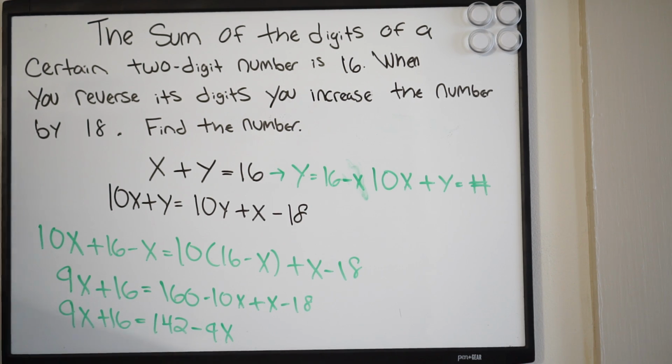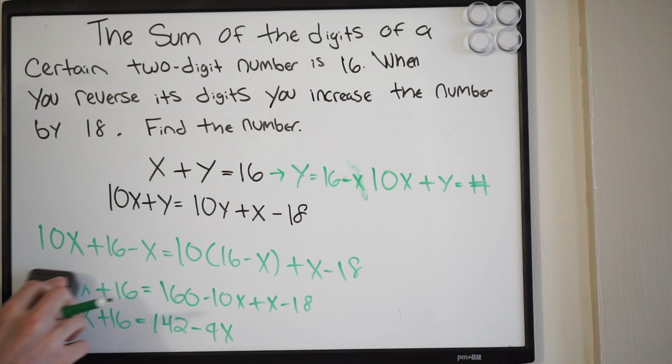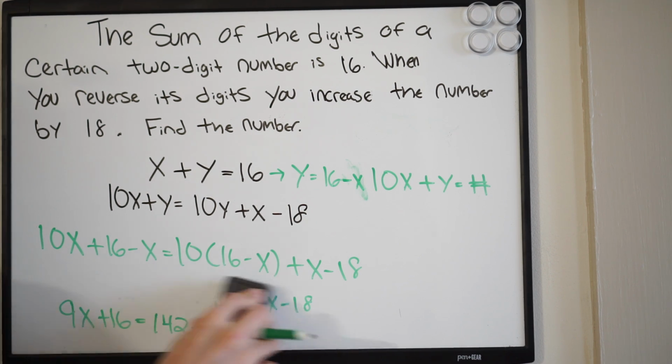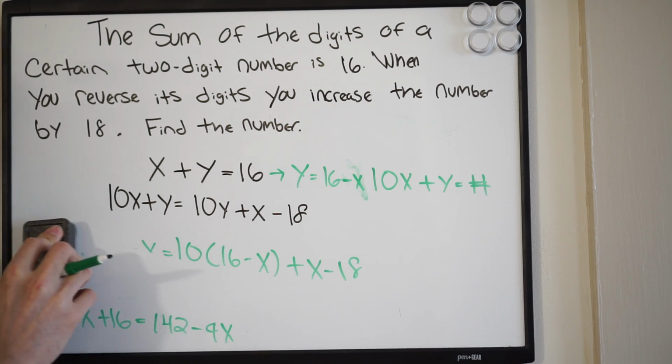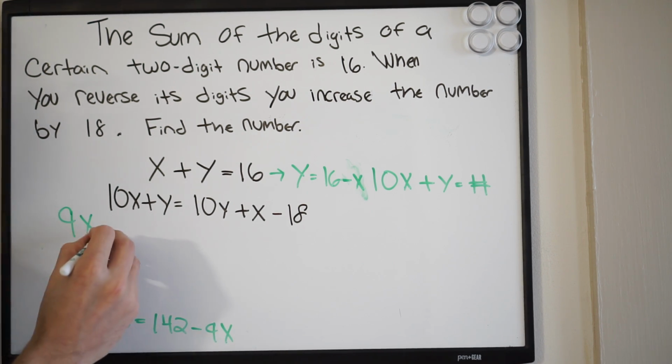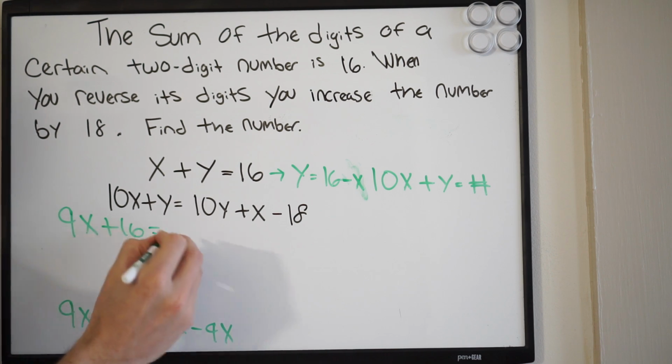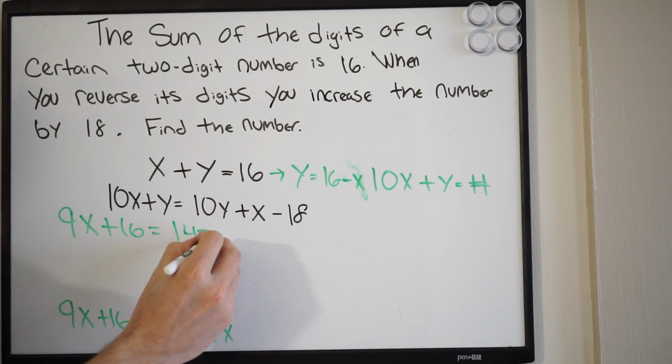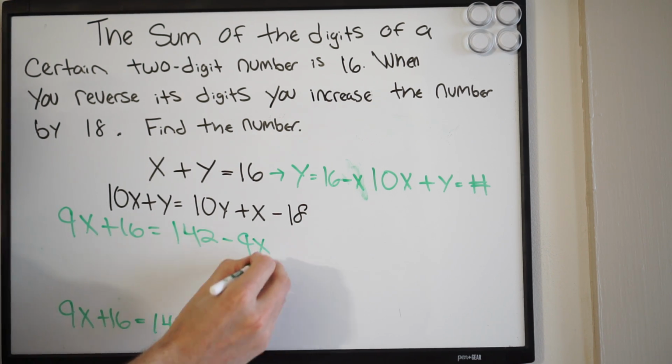All right, almost done here. So I'm going to erase some of this work. I'll leave the two equations so I can finish this off. Now we have 9x plus 16 equal to 142 minus 9x.